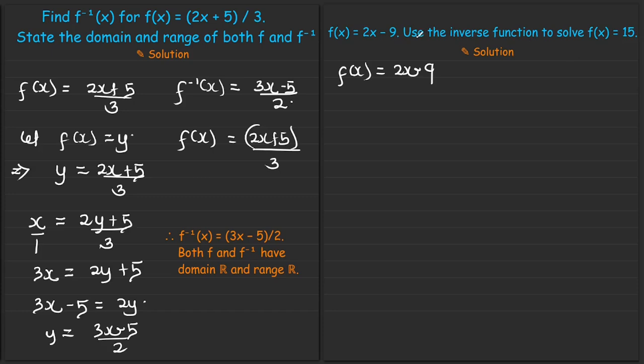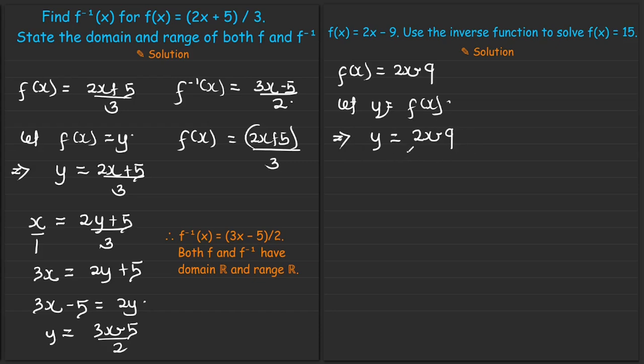But the instruction here says we have to use the inverse. So we have to find the inverse first of all. To find the inverse, we let y be equal to f of x. And if y is equal to f of x, it simply implies that y is equal to 2x minus 9.